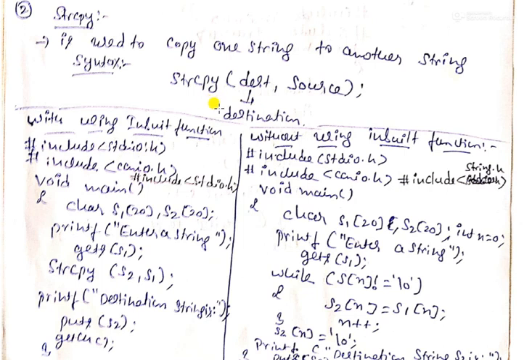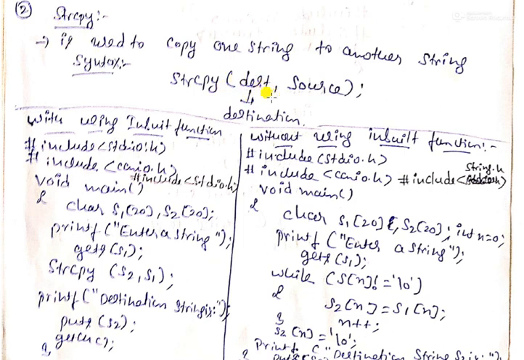If you want to copy the string value from one string to another string, in this program we have to declare two strings. The first string, the destination string, you leave empty, and for the source string you assign a value. For string copy you need to pass two parameters.